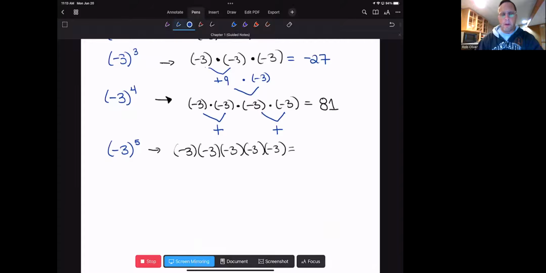If I pair up those negatives, a negative times a negative is positive, and these two negatives make a positive, but this last negative is left over and has nothing to pair up with. So when we're finished, we're going to end up with a negative. It's going to be -243.